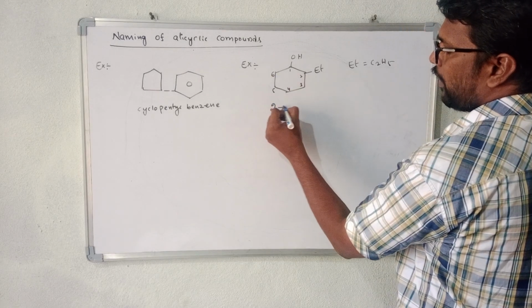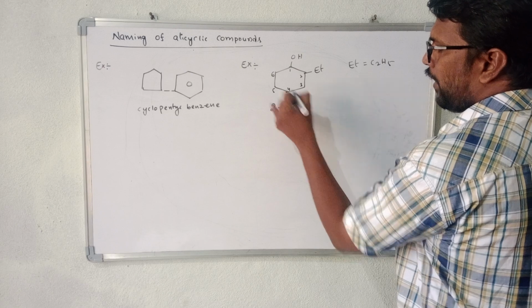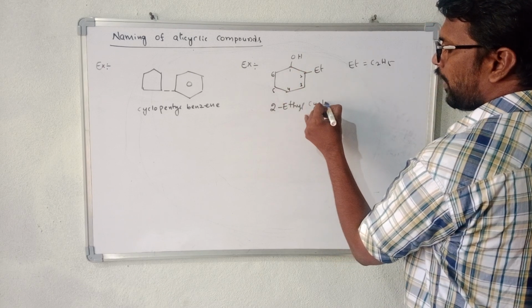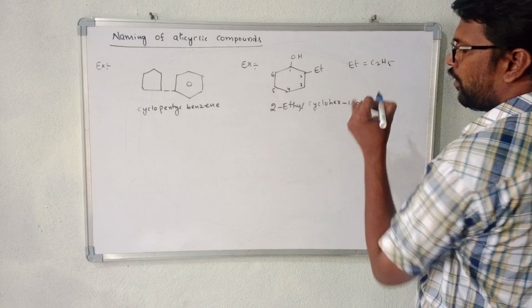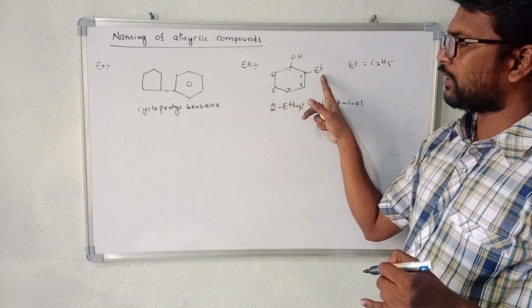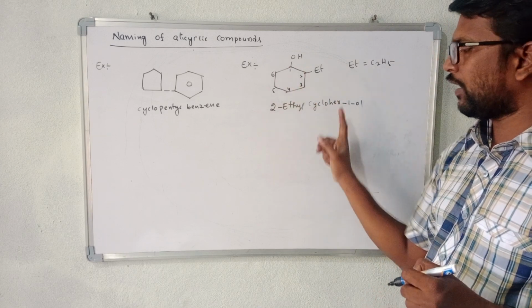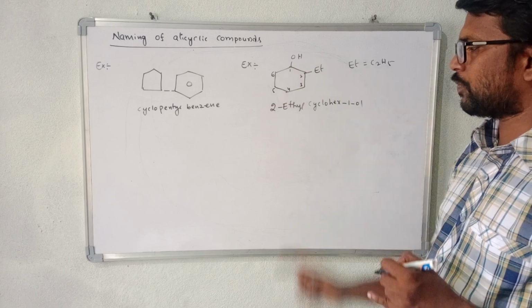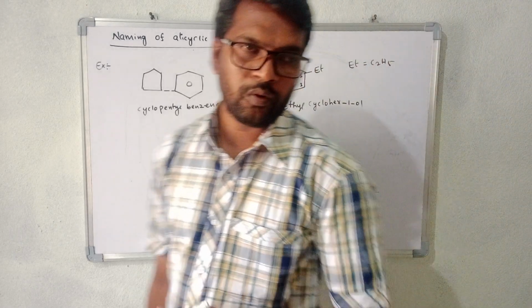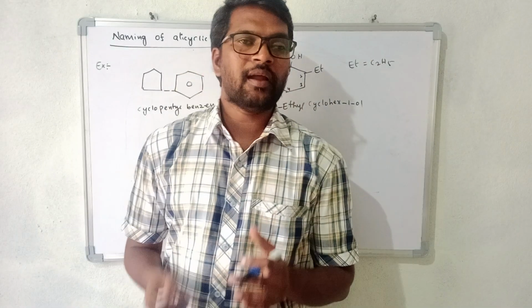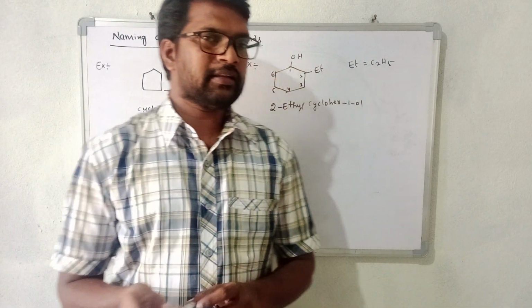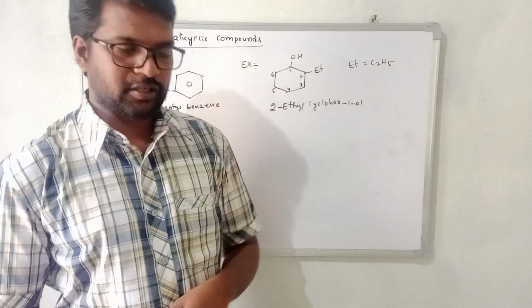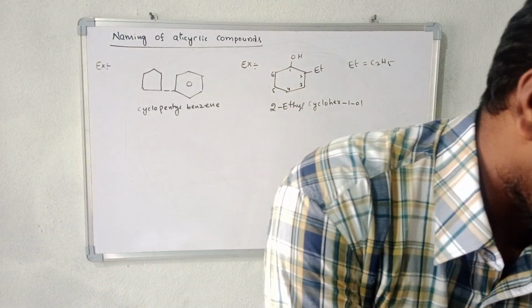At the second place an ethyl group is present, 2-ethyl, total 6 carbons, cyclohexane. And at the first position OH is present, so we write ol. So it is 2-ethylcyclohexan-1-ol. So remember that whenever a functional group and a substituent are both present on a cyclic ring, priority is given to the functional group. Okay, right. And next example.